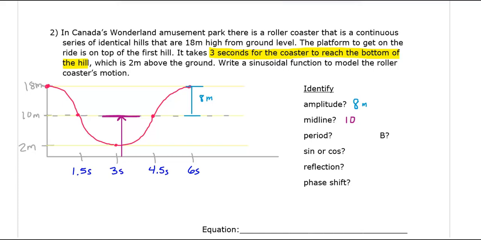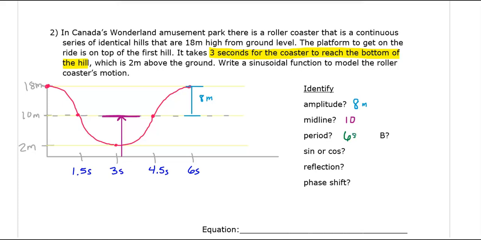And then the period, well, we already established that the period is actually going to be 6 seconds, because we started at 0 seconds at the maximum, took 3 seconds to get to the bottom of the hill, and then it's periodic, so it's going to be back up at the maximum in an equal amount of time it took to get to the minimum. That's going to be 6 seconds.